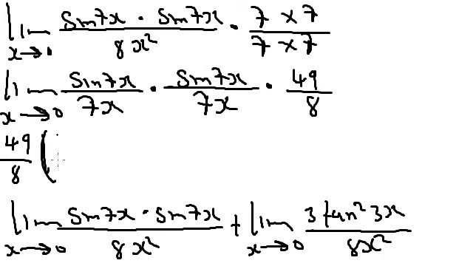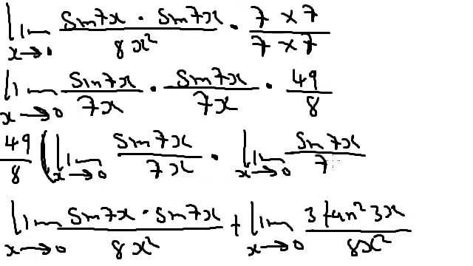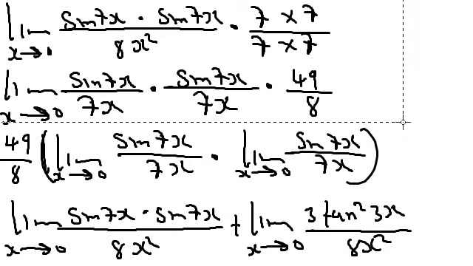Then put it in brackets. So we put the limit as x approaches 0 of sine 7x all divided by 7x, then multiply by the limit as x approaches 0 of sine 7x all divided by 7x. Perfect.